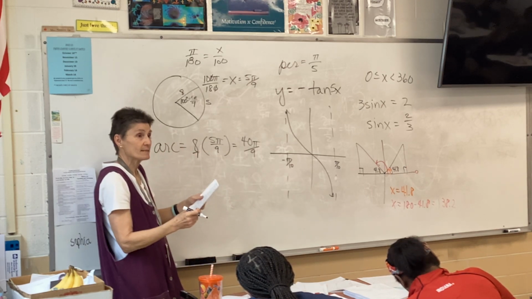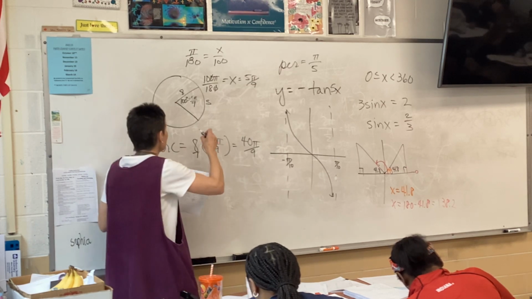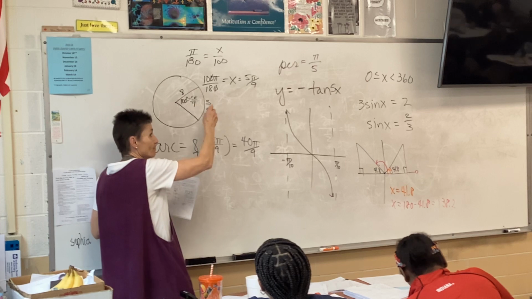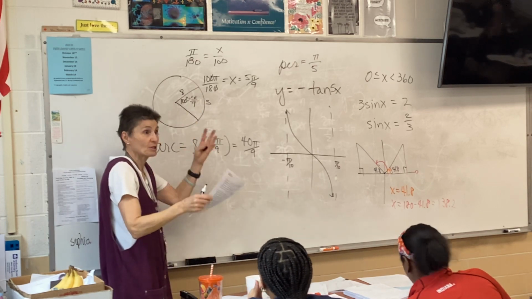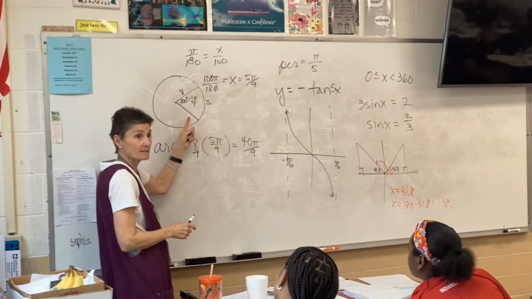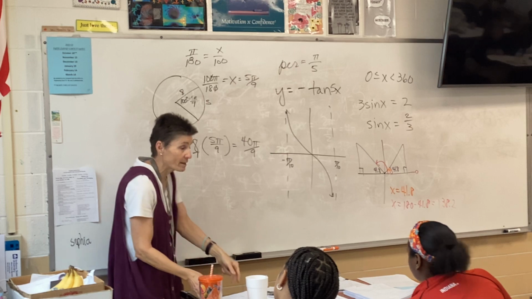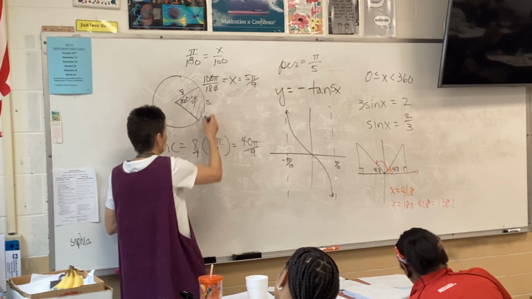So he says, find the area of the smaller sector. When you drew this picture, you actually split the pie up into two pieces, the little piece and the big piece. And this says, what's the area of the smaller piece?